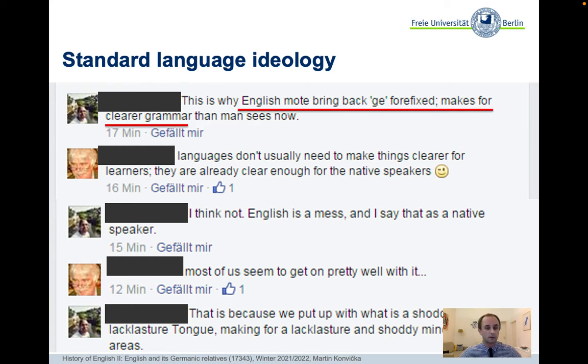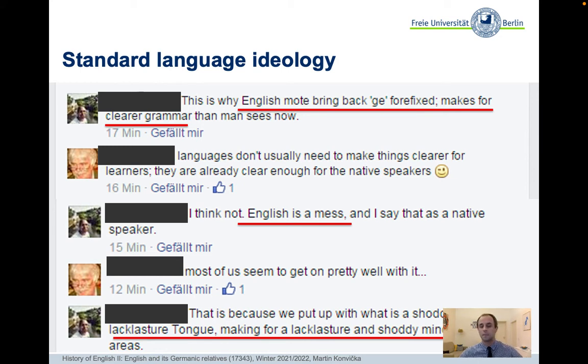So you have here, for example, I've made it all anonymous, but here someone's saying that English should bring back "ye" for clearer grammar than we have now. Right? Someone else continues to say that English is a mess. Right? Again, the idea that standard language is correct, nicely organized, whereas if people simply speak as they like, it's a mess. It's chaotic.